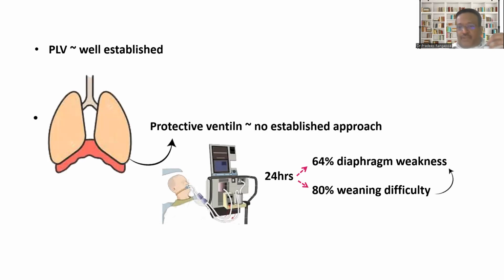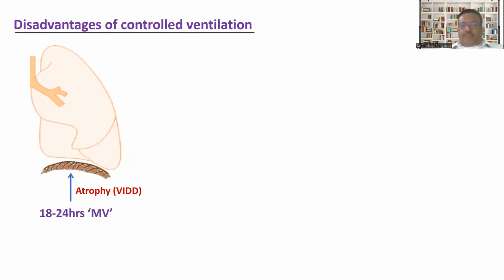And it is shown that 80% of the weaning difficulties that any patient in the ICU would have are significantly due to the diaphragmatic weakness or dysfunction that would have set in. So in 80% of the patients where you have weaning difficulty, diaphragmatic dysfunction is one of the common factors. So that is something we need to understand as the backdrop. Another thing for us to understand is when someone is on a control.